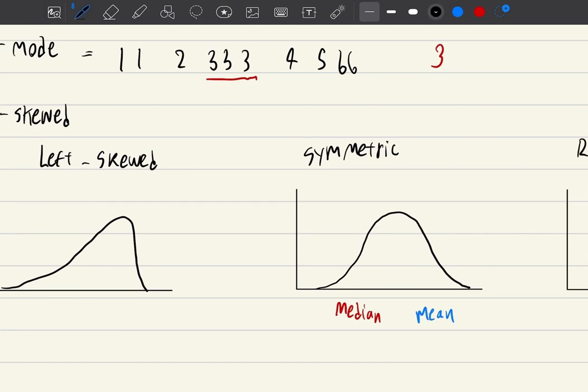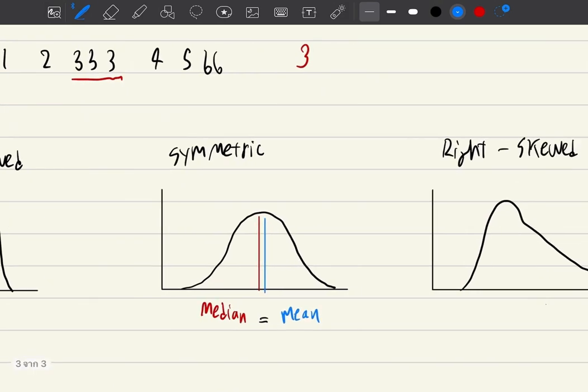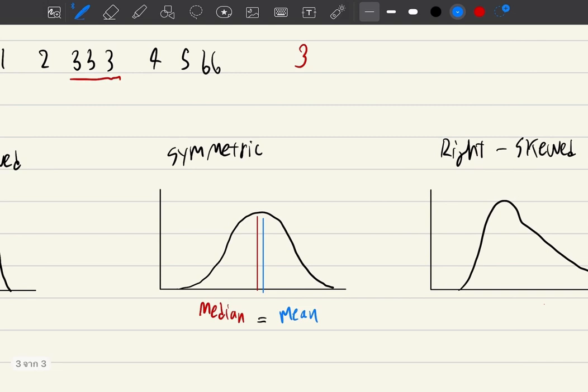The symmetric shape tells us that the mean and median are equal, so they are going to be at the middle of the curve. Let's say it's equal.